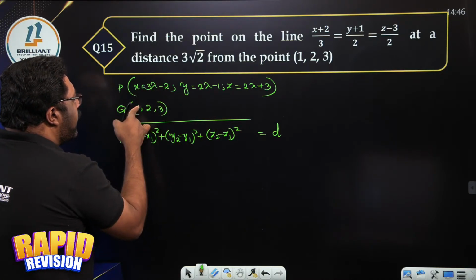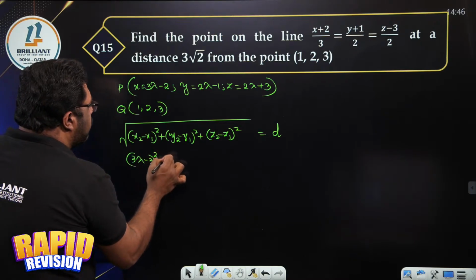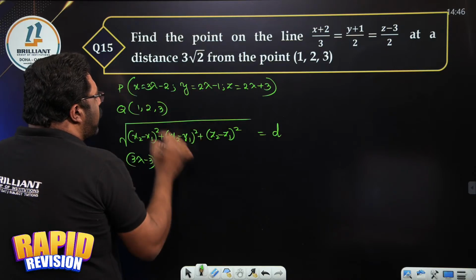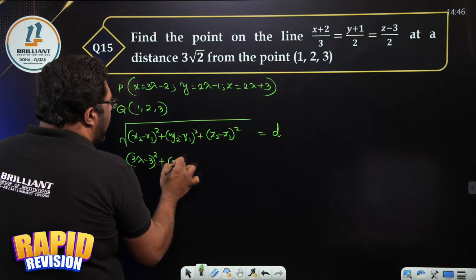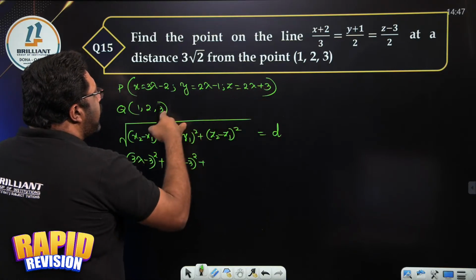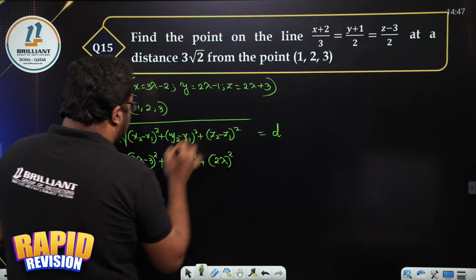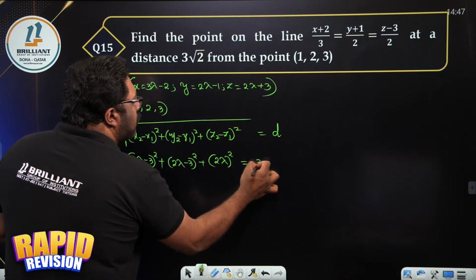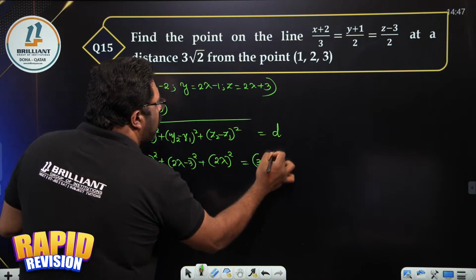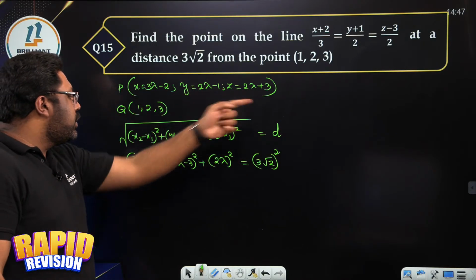So (3 lambda minus 2 minus 1), that is (3 lambda minus 3) squared, plus (2 lambda minus 1 minus 2), that is (2 lambda minus 3) squared, plus (2 lambda plus 3 minus 3), that is (2 lambda) squared, is equal to (3 root 2) squared. I just squared the distance on both sides to get rid of the square root.